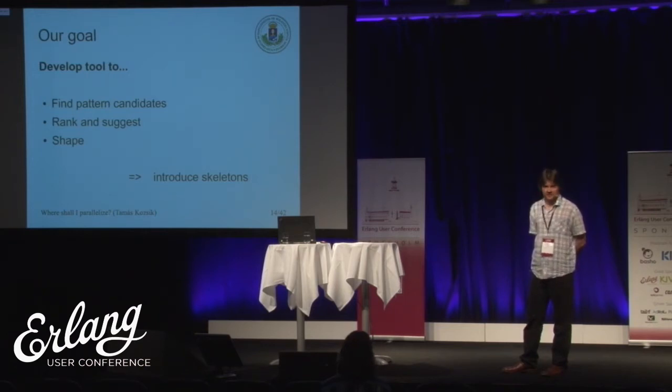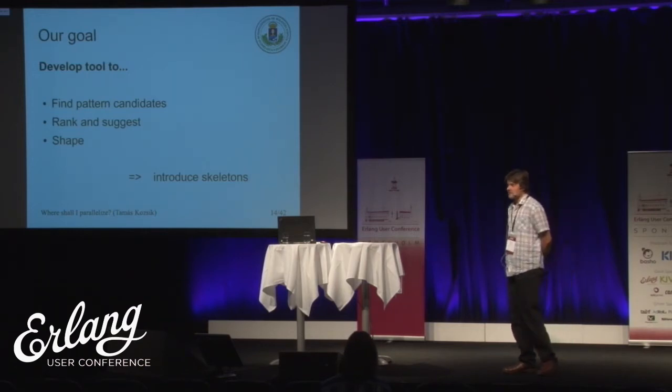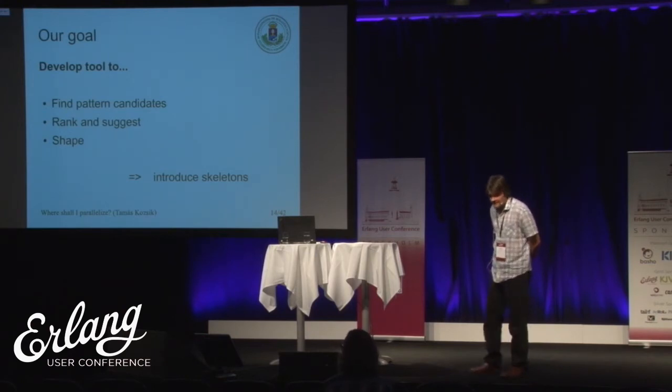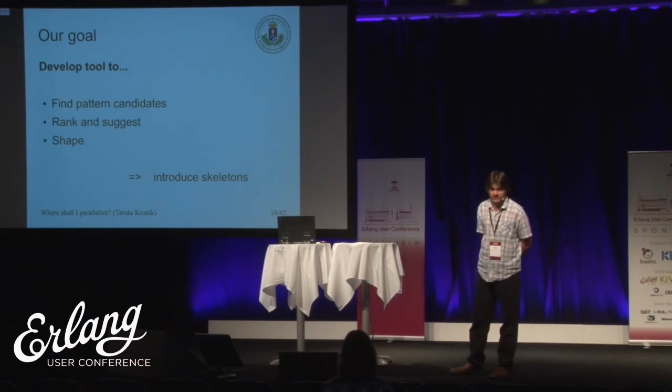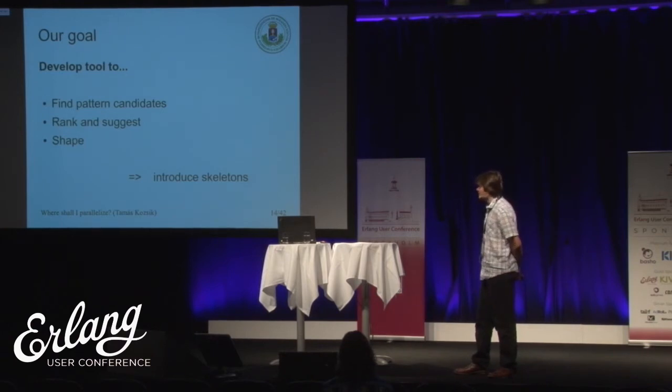Of course, in a large-scale program, you will have millions of pattern candidates, but only a few of them are worth actually turning into a parallel pattern. So our tool will be able to rank and suggest the best candidates. And as well, we can do some shaping of the code so that the introduction of these skeletons becomes easier.